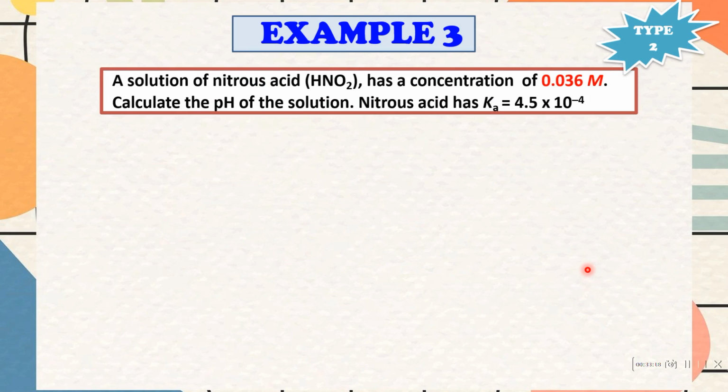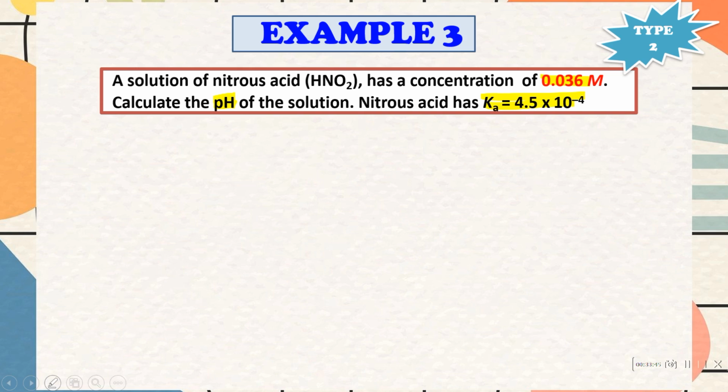Here is example number 3. A solution of nitrous acid has a concentration of 0.036. Calculate the pH, and the Ka value is already given.